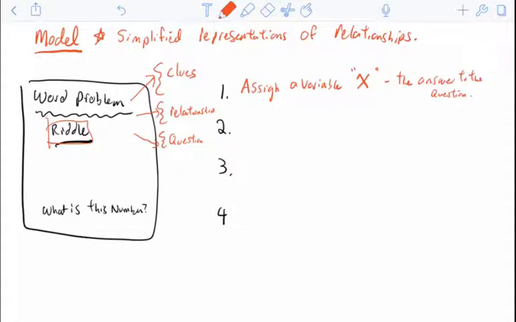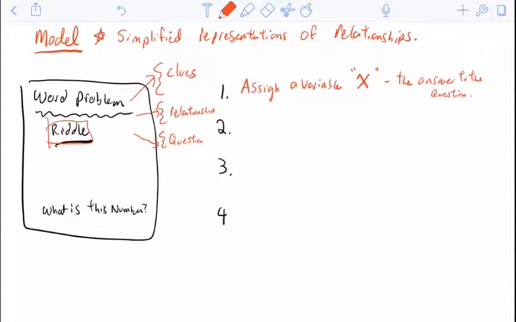In more advanced cases, sometimes the variable you're assigning isn't the answer to the question, but the answer to the question can easily be found using that value. But the idea is we're going to solve algebraically for that value. So instead of how many pigs do I need, I'm going to say X. I'm going to represent the answer to the question, how many pigs do I need, by the letter X. The next step is to interpret the clues.